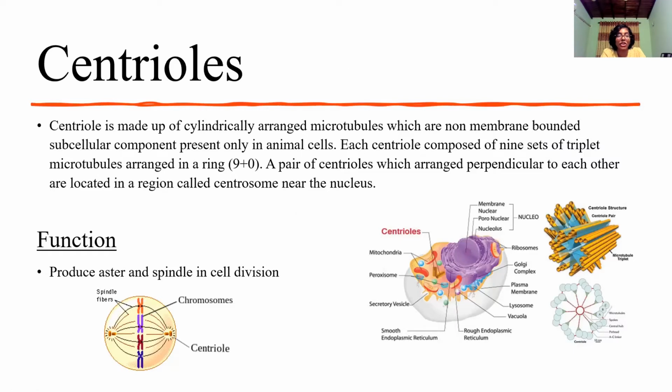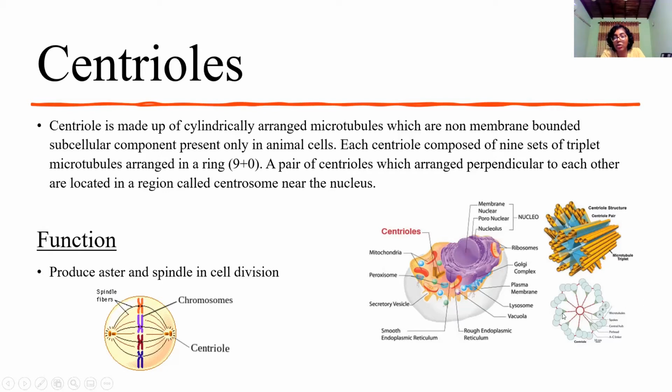Finally, we have centrioles. Centrioles are also somewhat related to cilia and flagella because these also have this microtubule arrangement, but a 9 plus 0 arrangement. Outside we can find 9 triplets. So there are 3 microtubules, you can see 1, 2, 3.